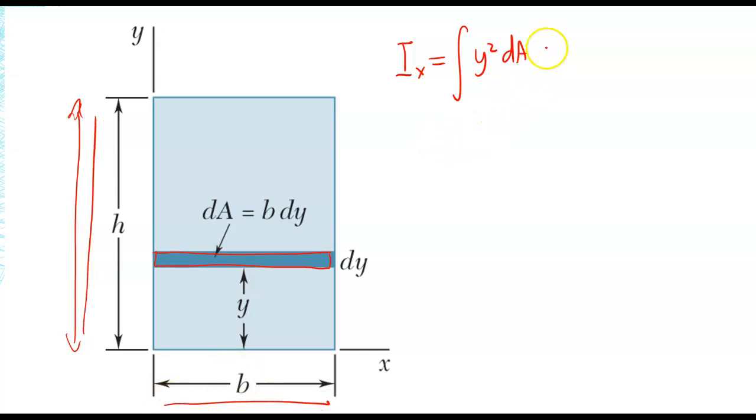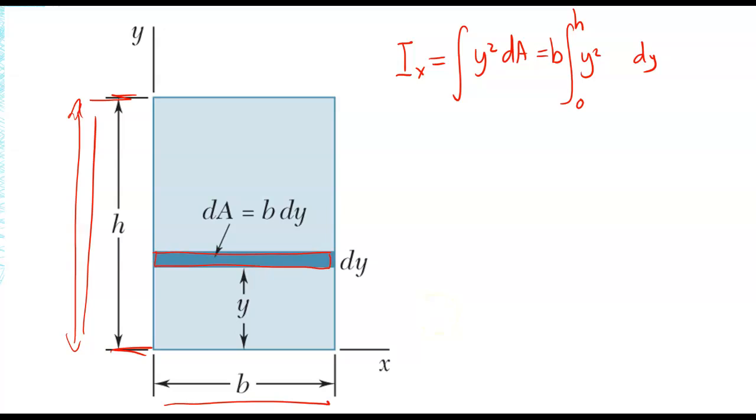So dA is equal to b dy, and we can write in here y squared b dy. Obviously b is going to be constant because there's no change in the width as we move up the shape. And we're going to go for limits from 0 up to h, right from the axis all the way up to h.